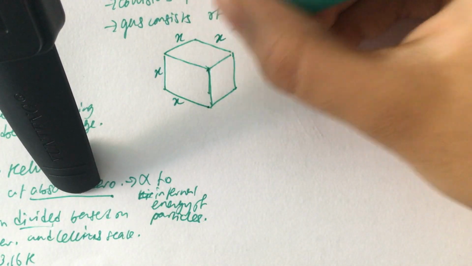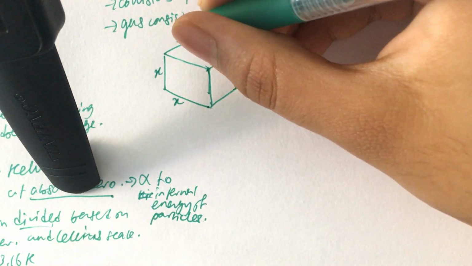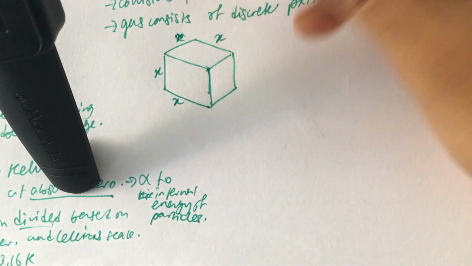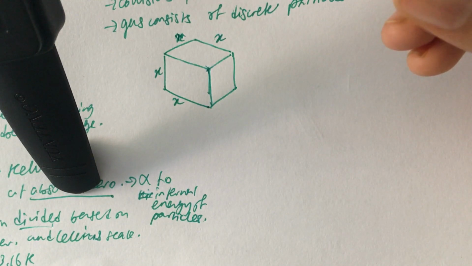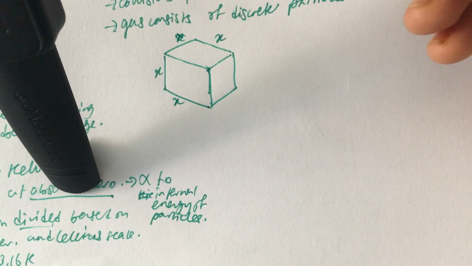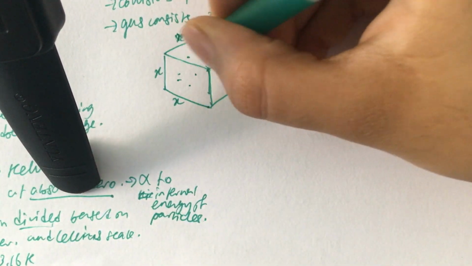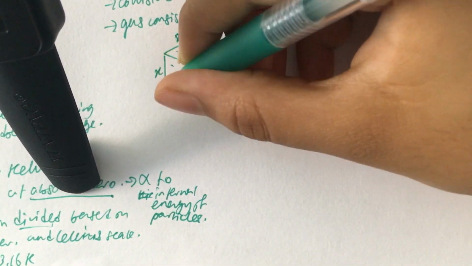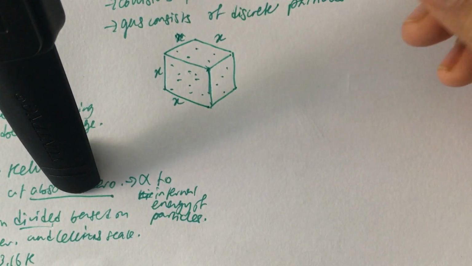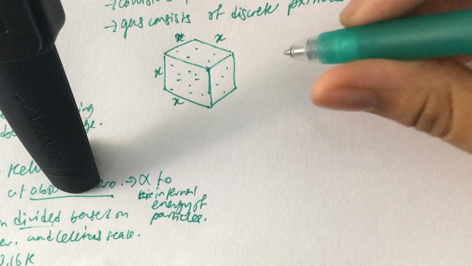We imagine that this box is a cube. It's not some other shape, it's just a cube, and the cube has equal lengths on all the sides. We'll say that this length is a unit length, so it's easy for us to follow. We'll just call this length x.